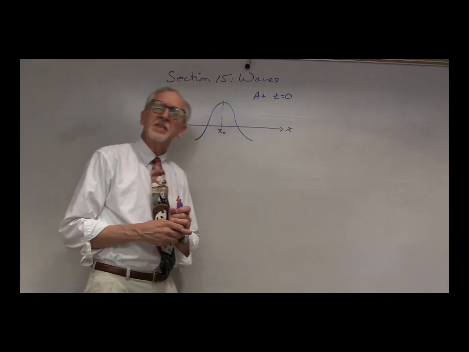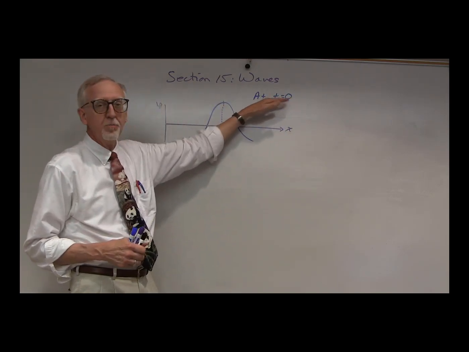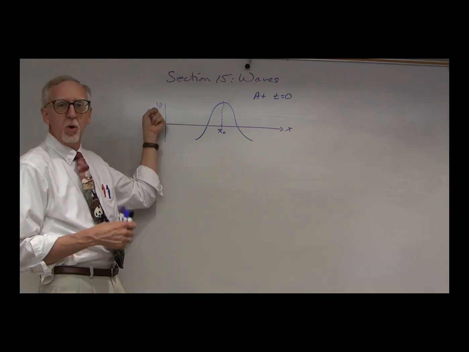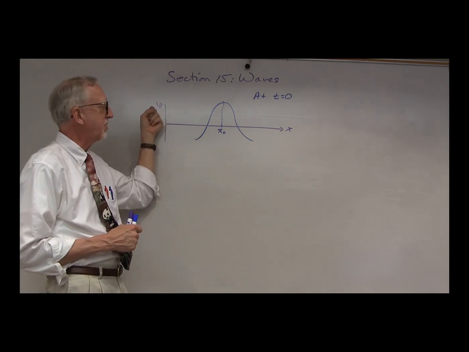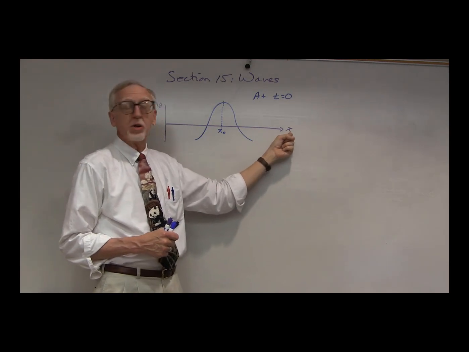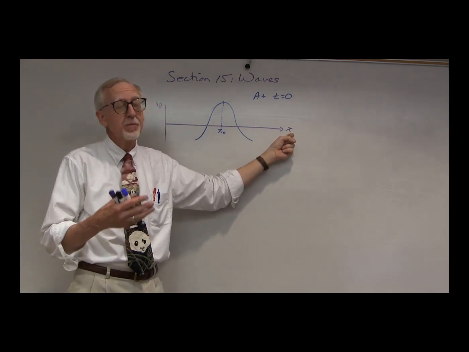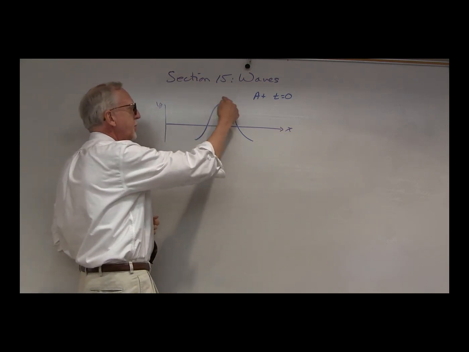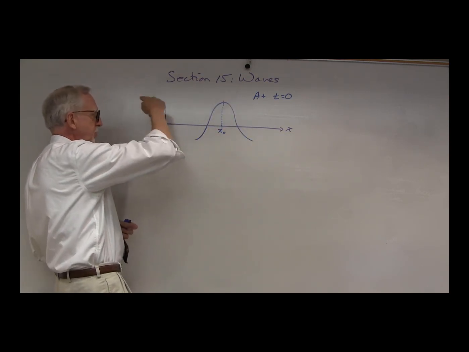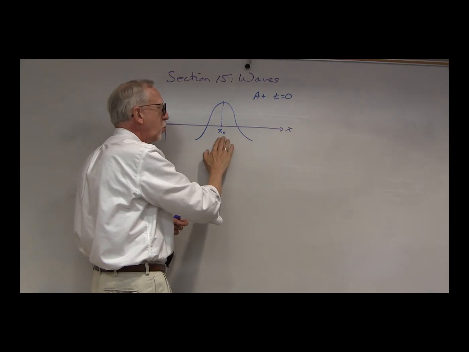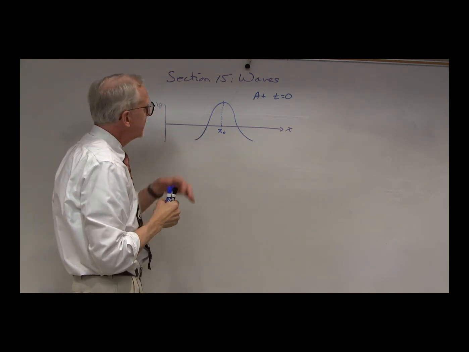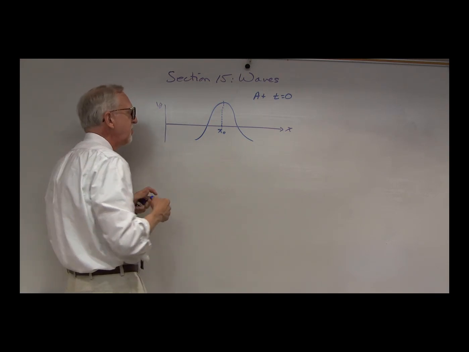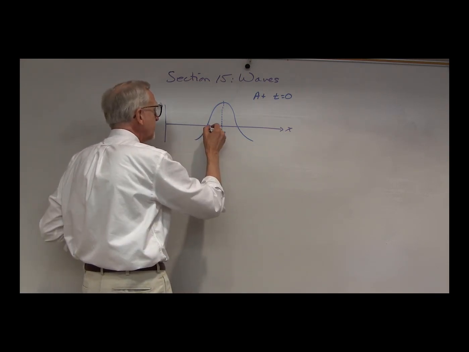Let's imagine that at some initial time t equals 0, we make a graph of our wave with the displacement y, whatever the disturbance y variable is, and we're going to graph it as a function of position x. And let's imagine we're looking at one particular maximum. So we've got the wave going up and down, and let's look at one value of the maximum. Let's imagine that the maximum value occurs at some value x equals x naught.